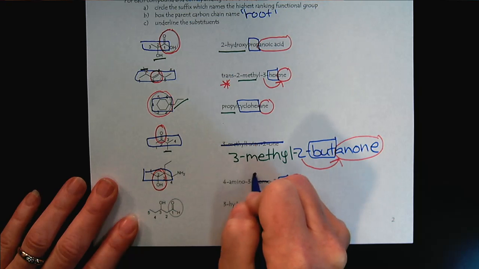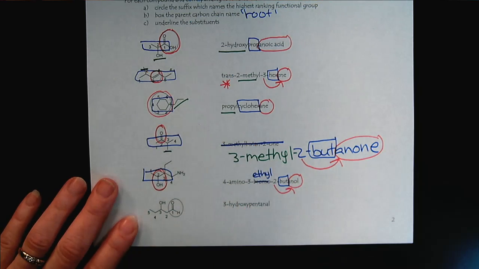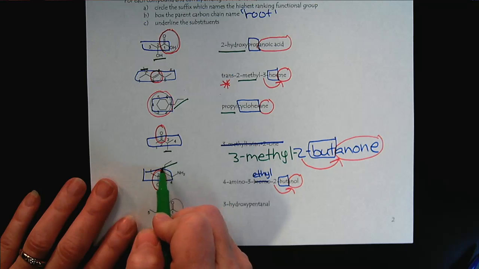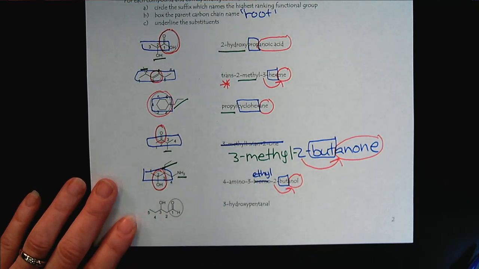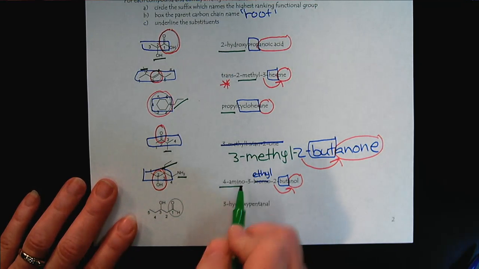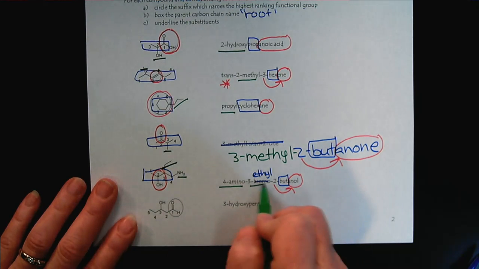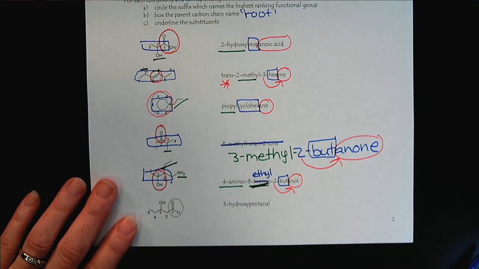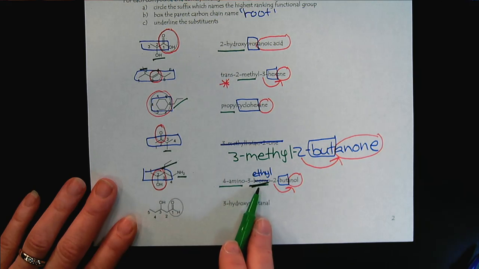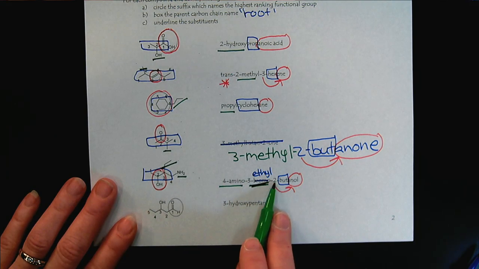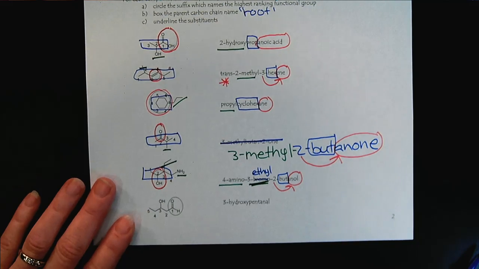That should be ethyl. Okay, so now we can fix this, right? So then there's our ethyl branch, and there's our amine branch. So the amino group, the amine's coming off of carbon 4, and the ethyl branch is coming off of carbon 3. So once again, all of our substituents are taken care of, our carbon chain, and our functional group.